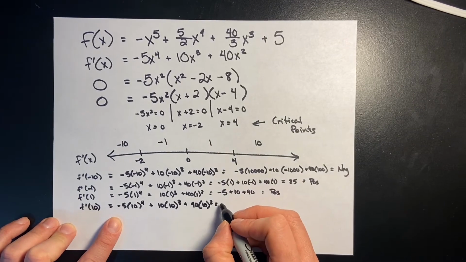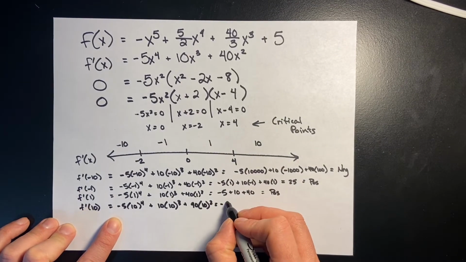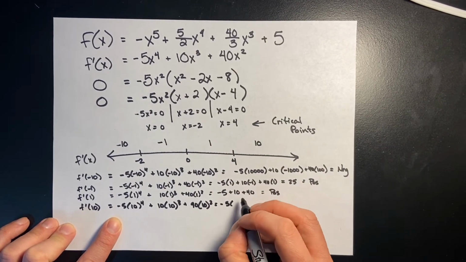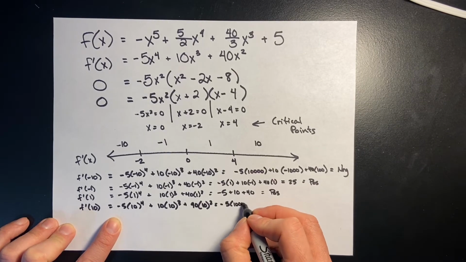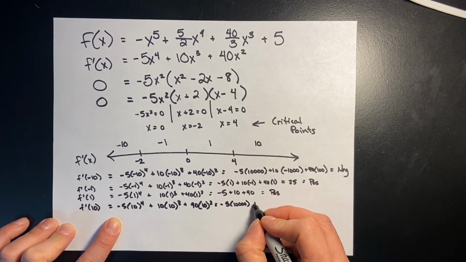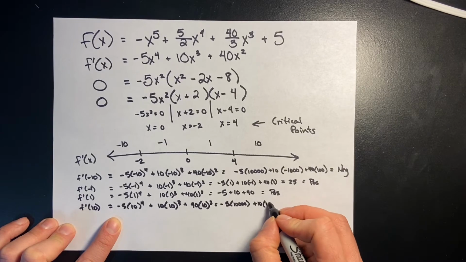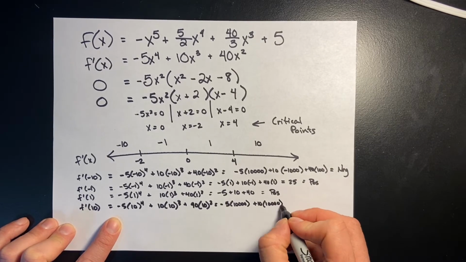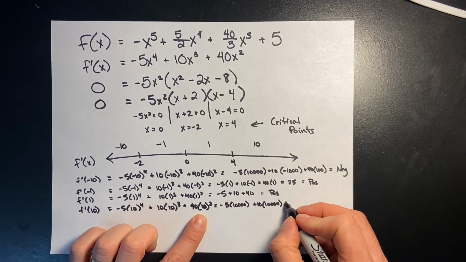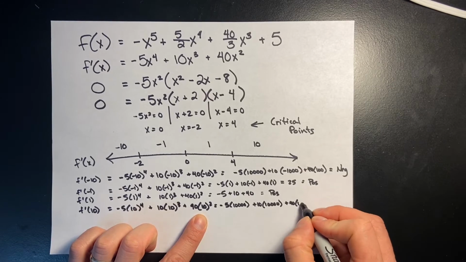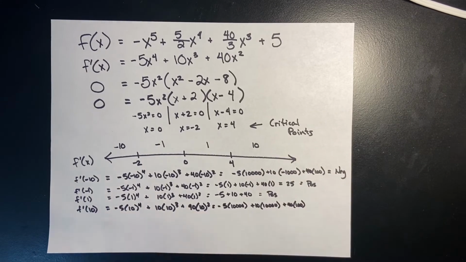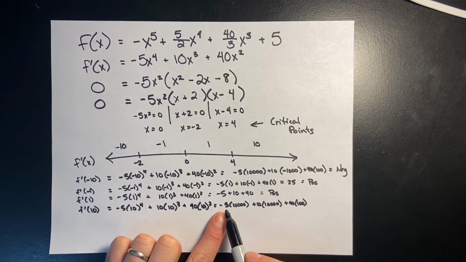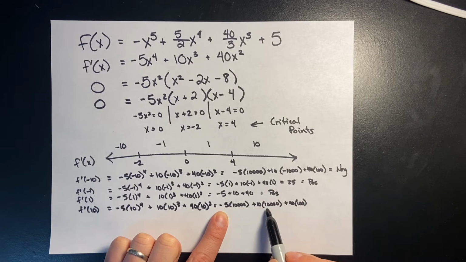That's going to be -5 times 10,000 plus 10 times 1,000 plus 40 times 100. All right. You ready for this one? -5 times 10,000 is -50,000. Plus 10 times 1,000.